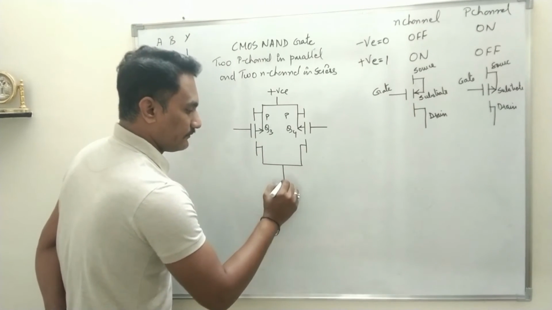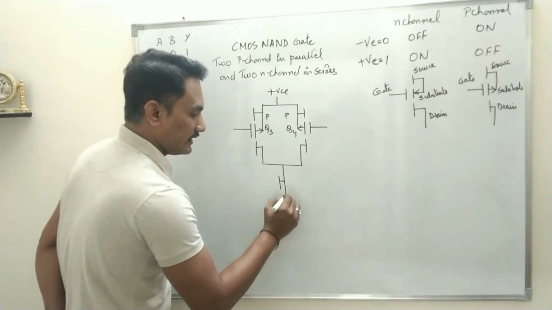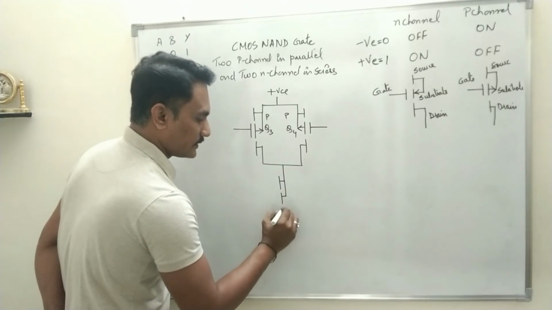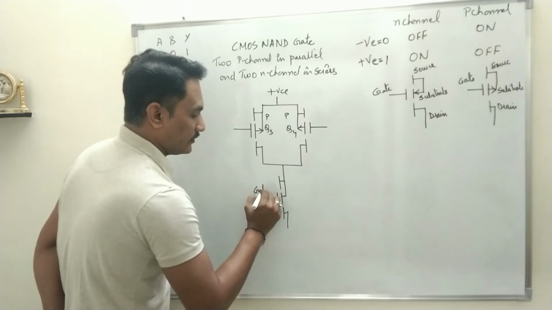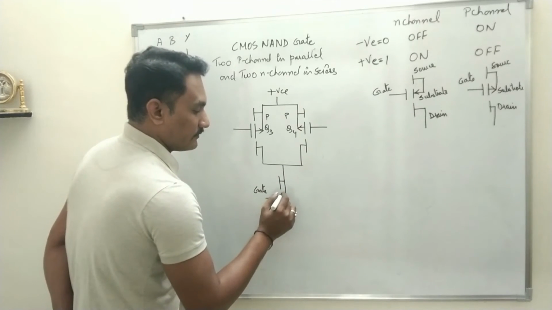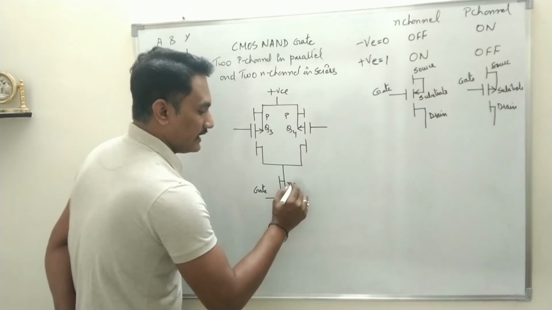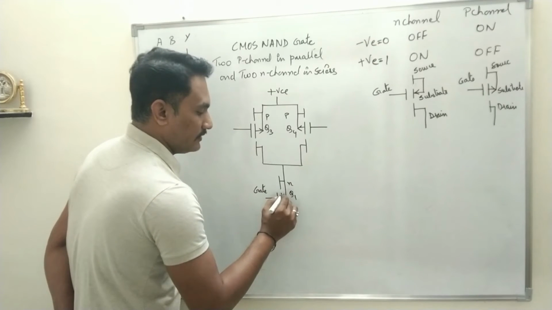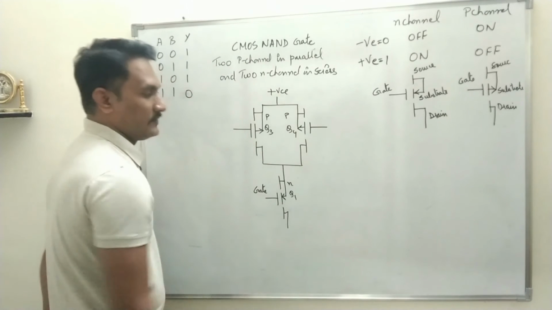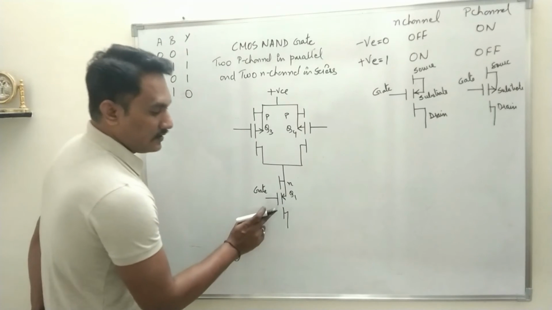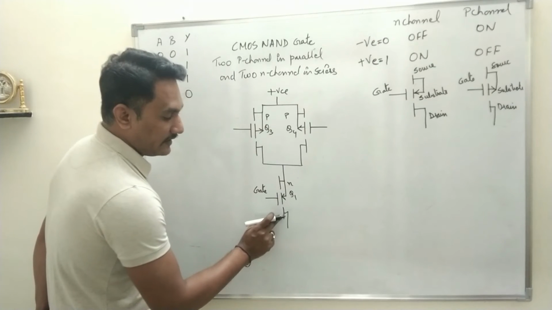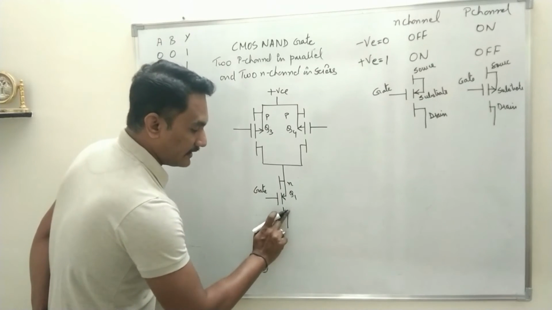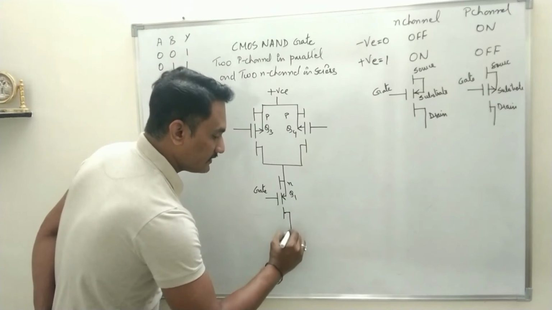So source connected to substrate, drain, and then the gate terminal. Let's say this is Q1, this is N channel, so the arrow mark will be inward towards the substrate. Now as two N channels are connected in series, the drain of the first will directly be connected to the source of the next.